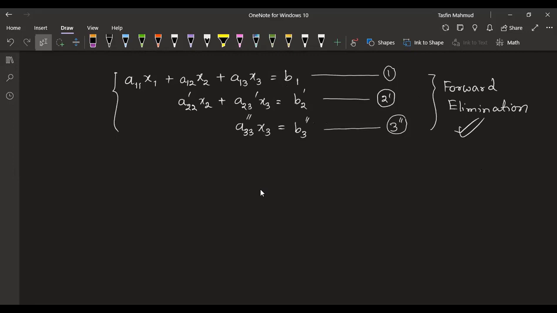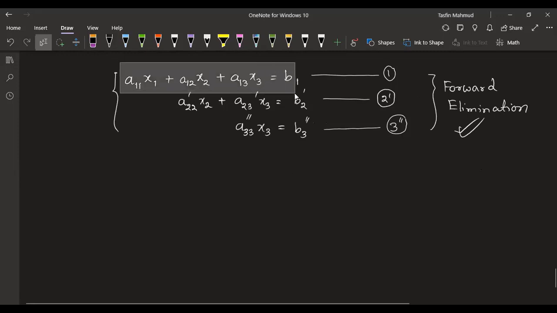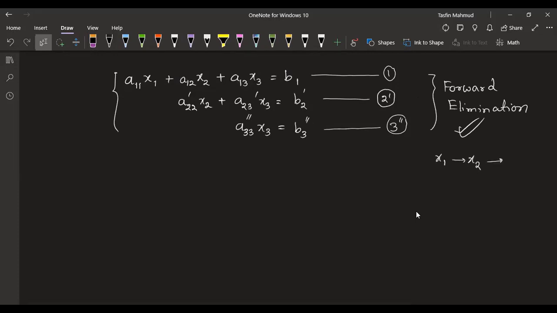So we call it the forward elimination because in the first equation we have all the coefficients unchanged. Okay? Forward means x1, then x2, then x3. If you look carefully in the first equation, all the 3 unknowns are present, x1, x2, and x3.